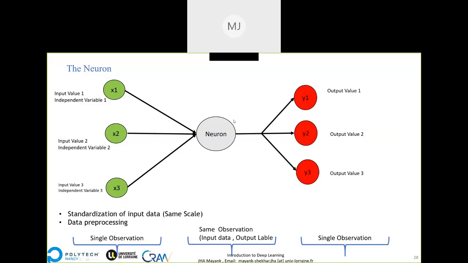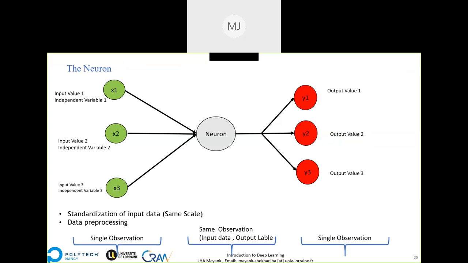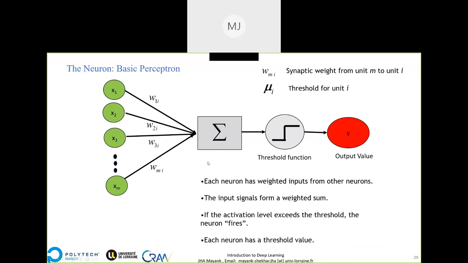I will be using this kind of diagrams. So what we are now looking at is input data, neuron, and a bank of output values.